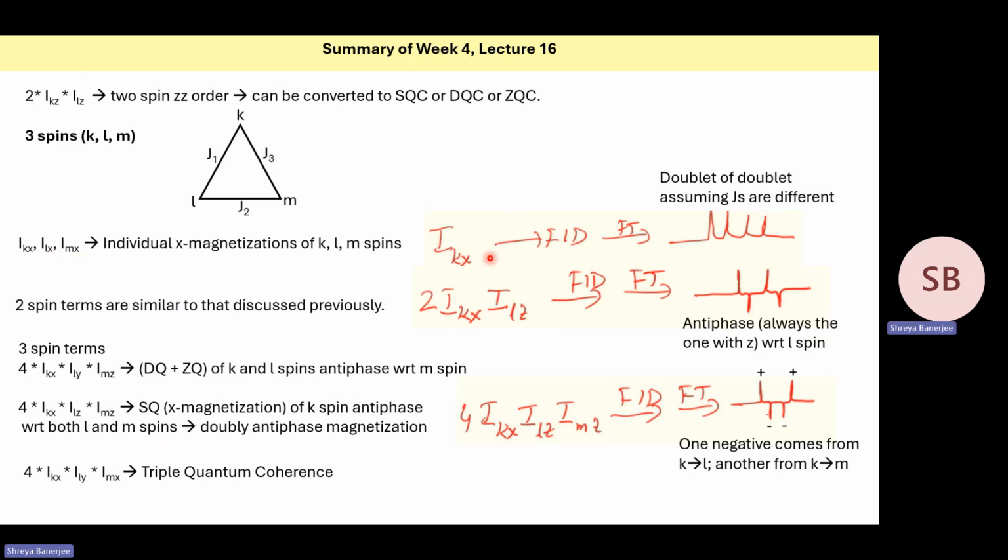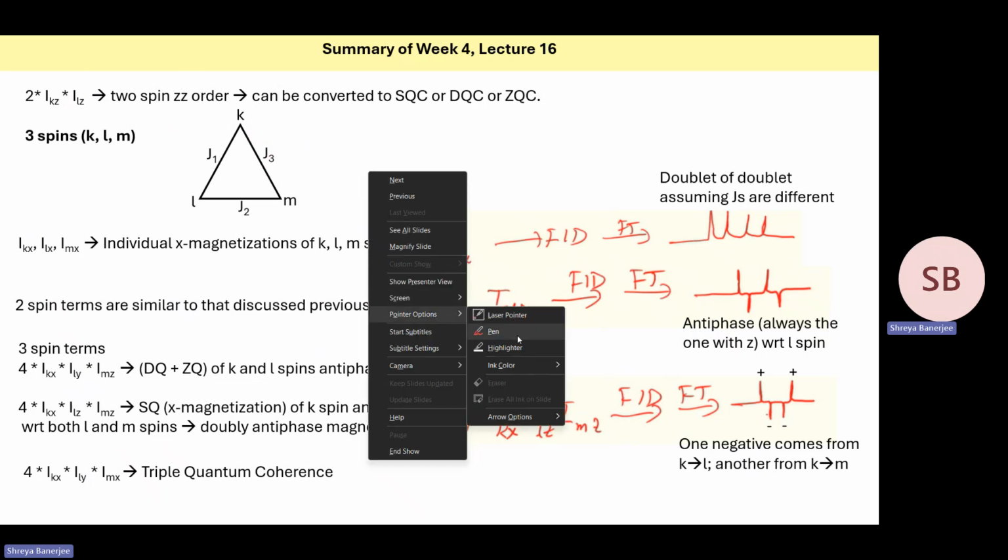So you can see here, imagine the three spins are in a triangular arrangement. In this case, K will be interacting with both L and M. So IKX, if you take the FID and do Fourier transform, K will basically be split.